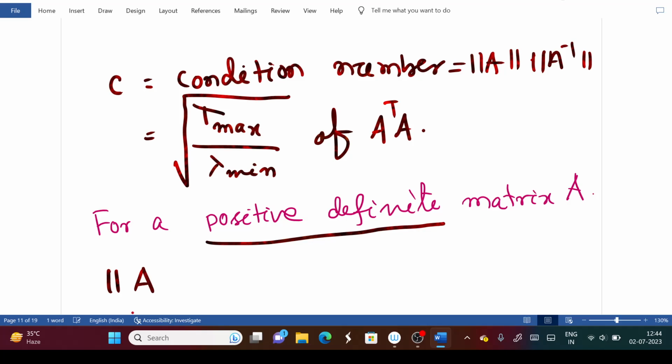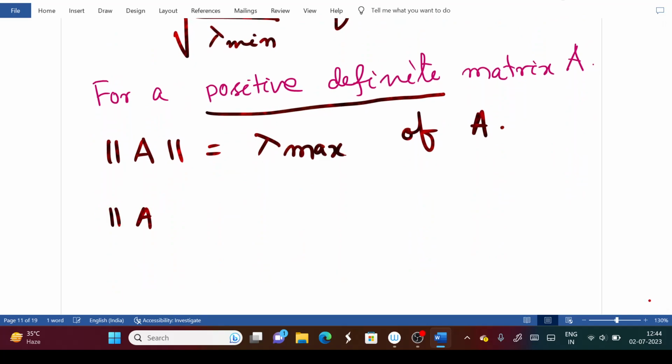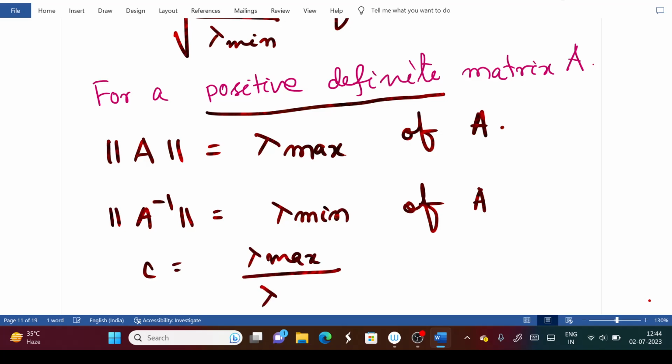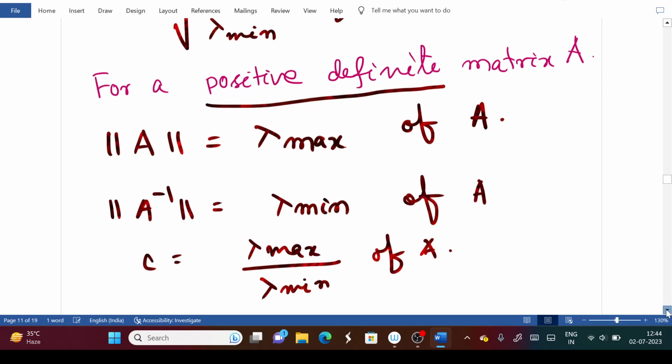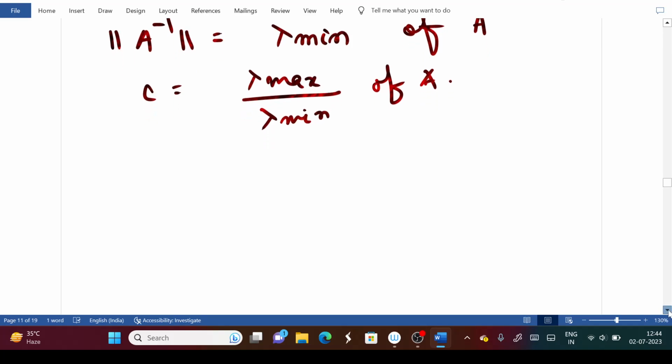So norm of A is equal to lambda max of A, and norm of A inverse is equal to 1 upon lambda min of A. So C is equal to lambda max by lambda min of A. Okay, so we got the formula for positive definite matrices.